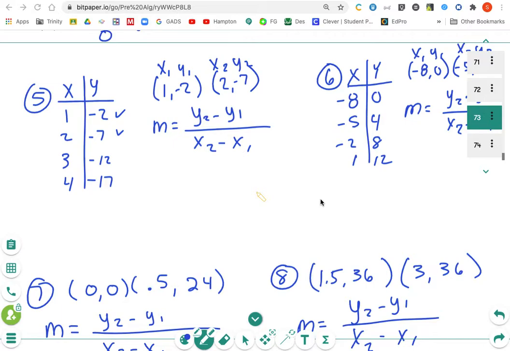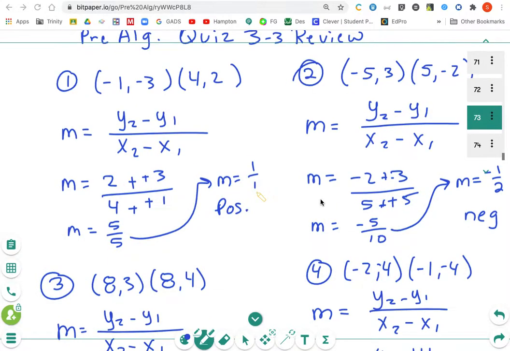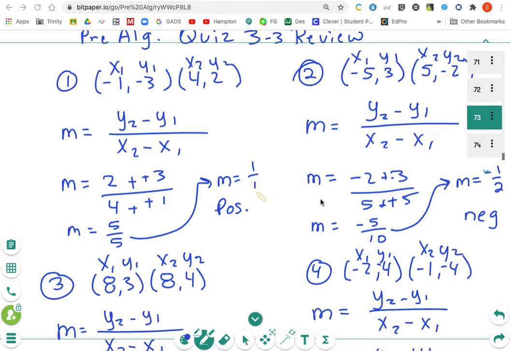So let's go back up real quick, and we'll label our ordered pairs with x1, y1, x2, y2.